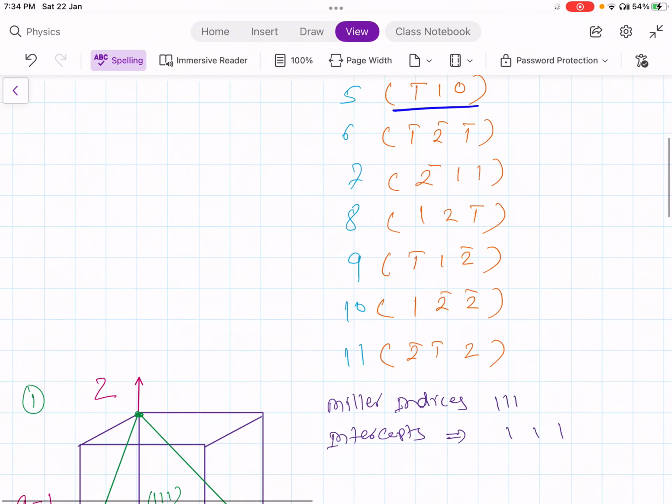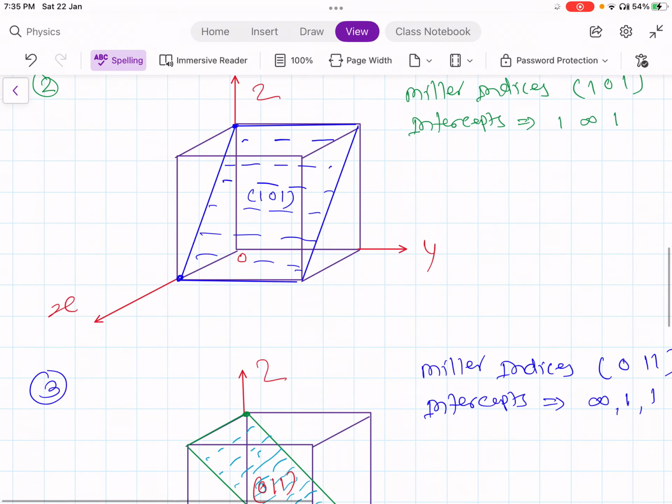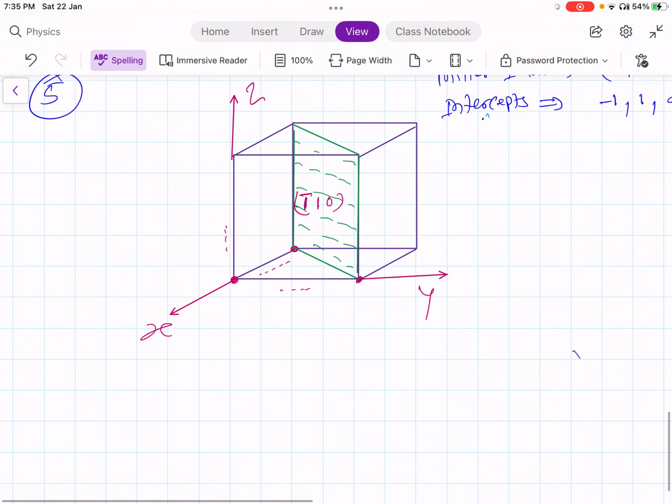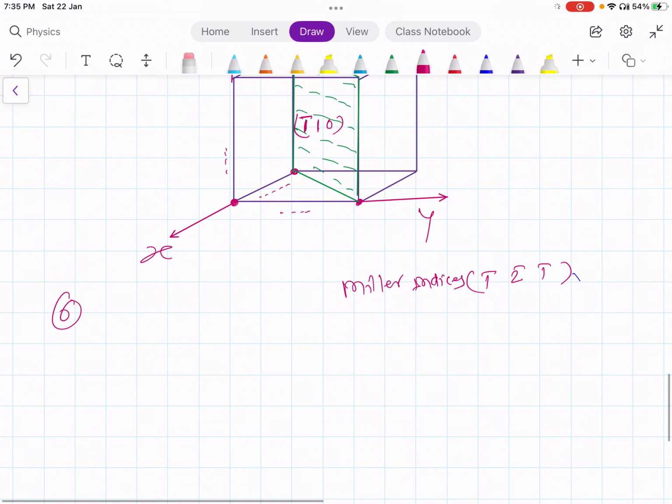Let's see Miller indices of the sixth one. Bar 1, bar 2, bar 1. Let us draw the unit cell first.